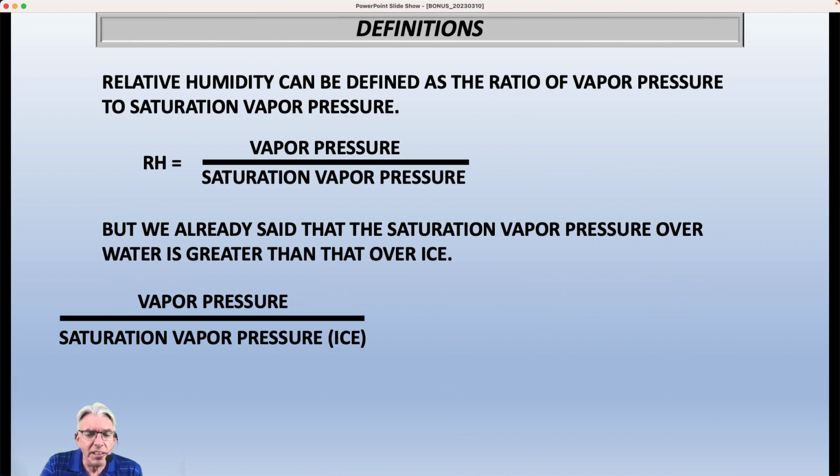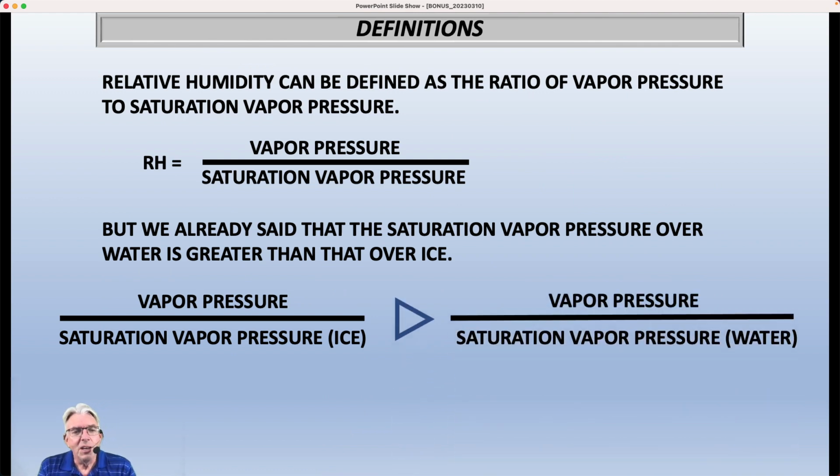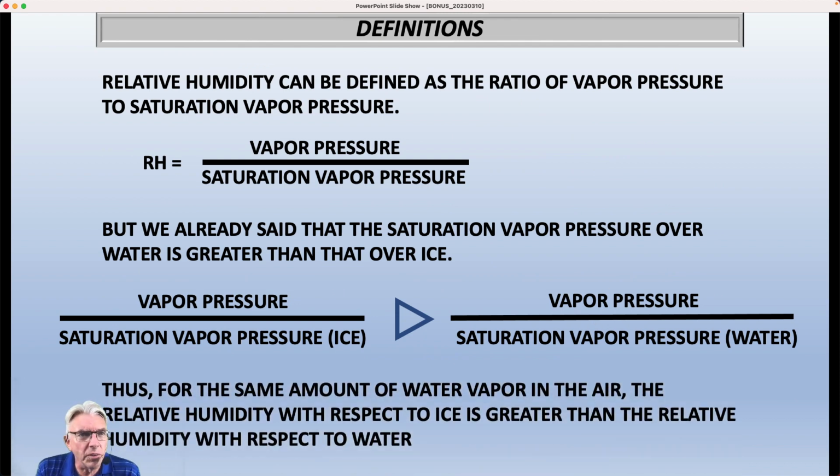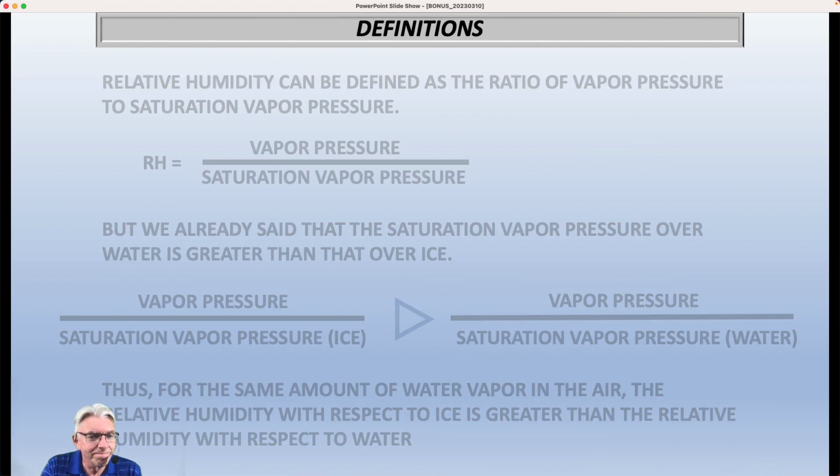That means that if you compare those two ratios, the vapor pressure over the saturation vapor pressure with respect to ice, and this assumes the vapor pressure is the same for both, that this ratio here is going to be greater than this one here because the numerators are the same, okay? Here, the denominator is less than the denominator here, and so this ratio is going to be higher than this one here, okay? So that means for the same amount of water vapor in the air, the relative humidity with respect to ice is greater than the relative humidity with respect to water, okay?